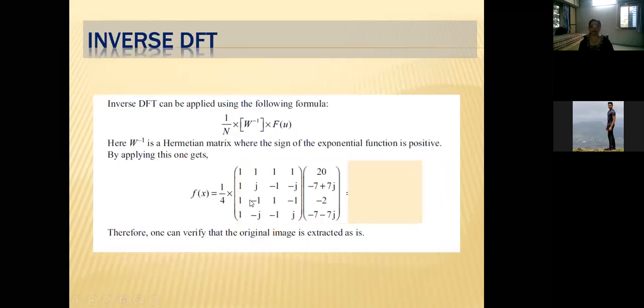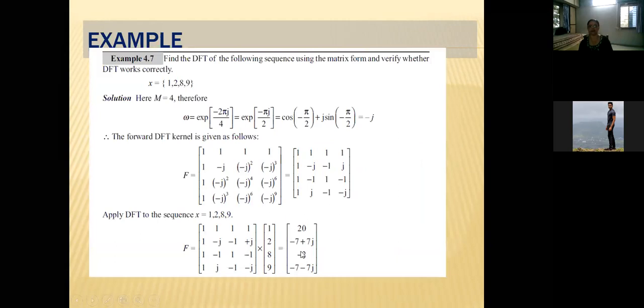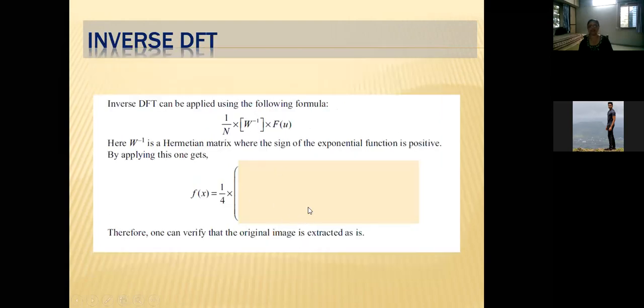So here your f(x) is 1 by 4 into this inverse transform coefficient matrix, multiplied by the inverse. So this is your inverse data, and we can prove that DFT works by determining the inverse transform. If we get the original sequence, we can say that DFT works for this signal. So consider this as your input and apply the inverse transform.